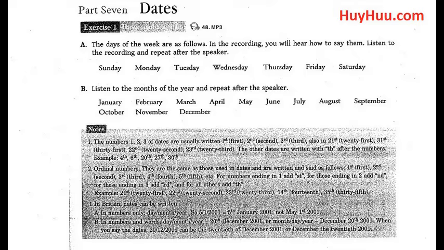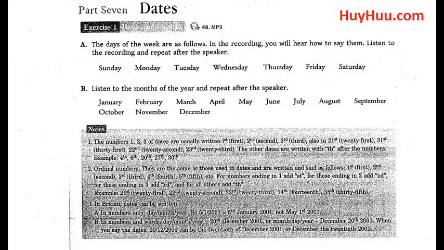3. In Britain, dates can be written: A. In numbers only: day, month, year. So 5/1/2001 equals 5th of January 2001, not May the 1st, 2001.